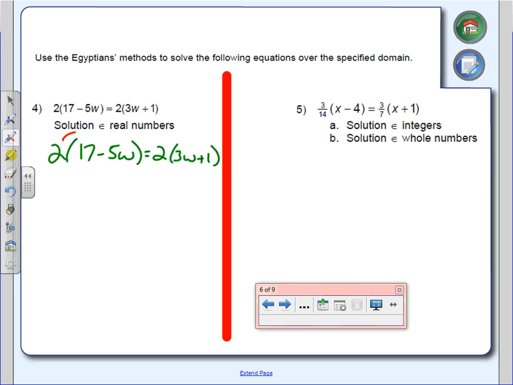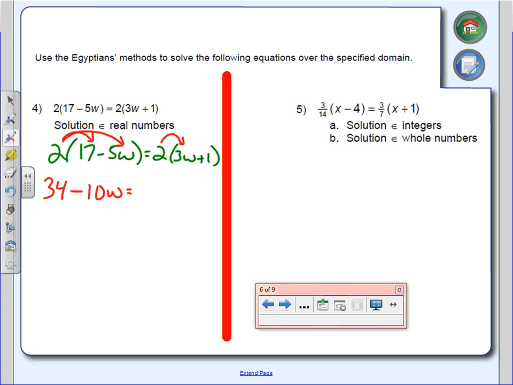Here we go. We're going to start by multiplying 2 times 17. 2 times 17, anybody know? 2 times 17 is 34. There it is. You also have to multiply 2 times a negative 5w. 2 times a negative 5w is a negative 10w.